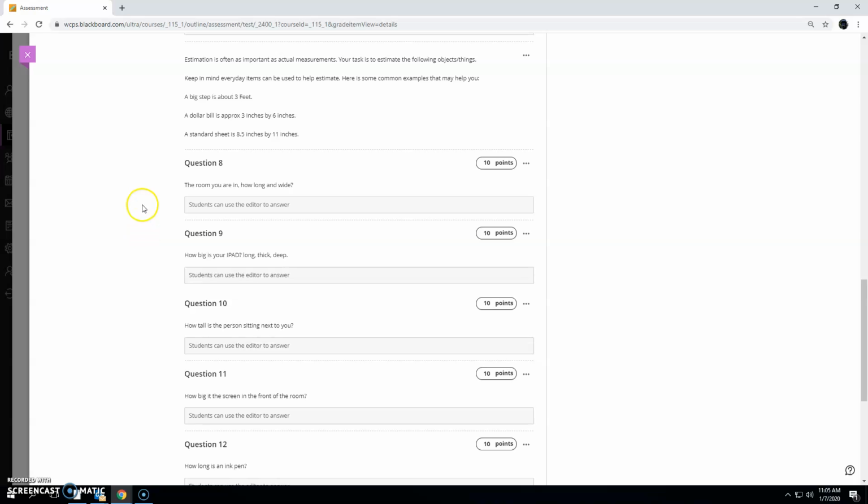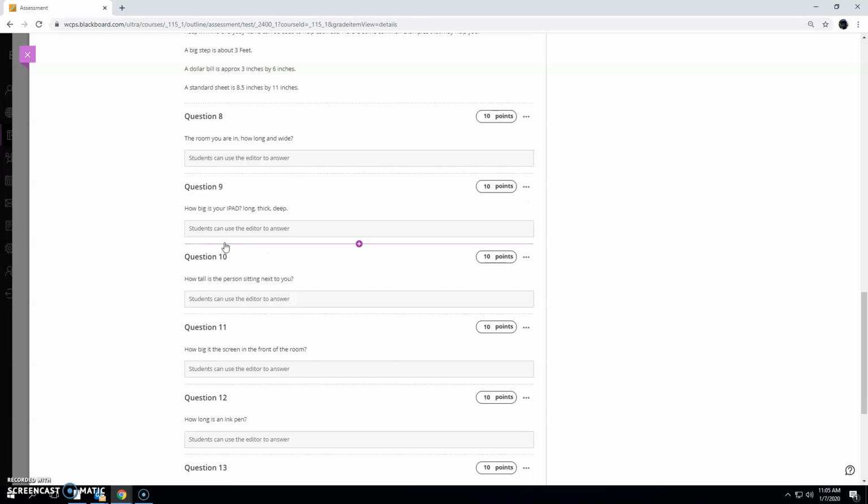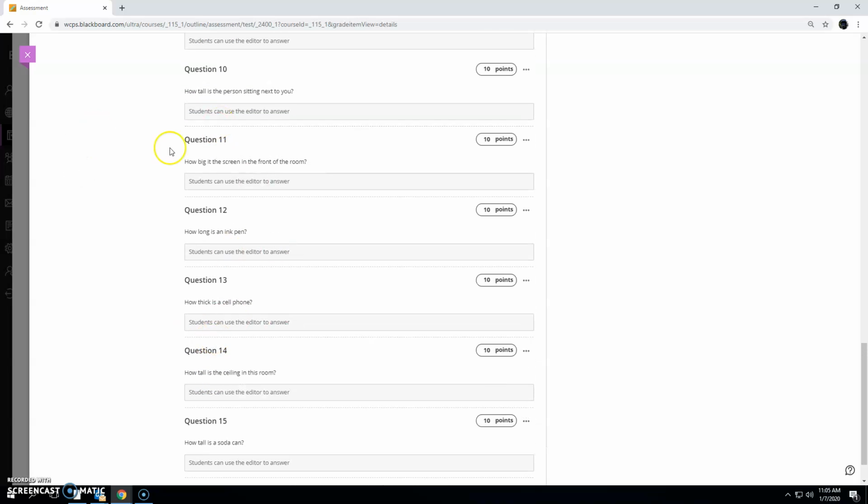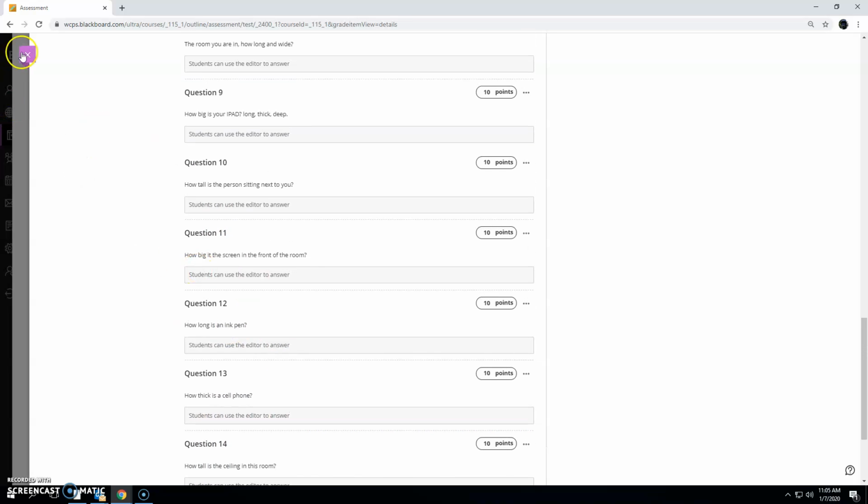So if you can take 3 steps across the room, 3 times 3 is 9, so your room is 9 feet. I'm not sure where you guys are going to be doing this from exactly, but estimation is an important part of measurement, and being able to understand how to estimate sizes with things that are around you is also an important skill. Take a look at those estimation questions. There's a couple of them there.